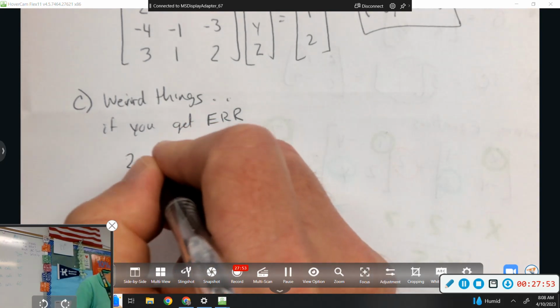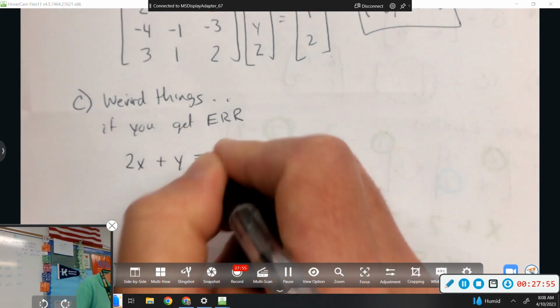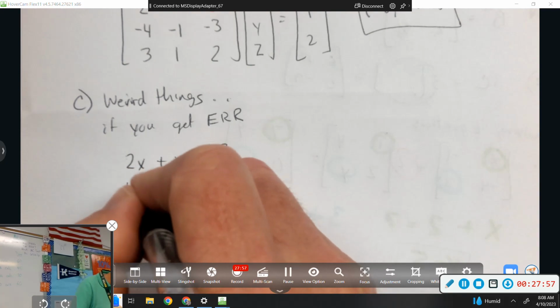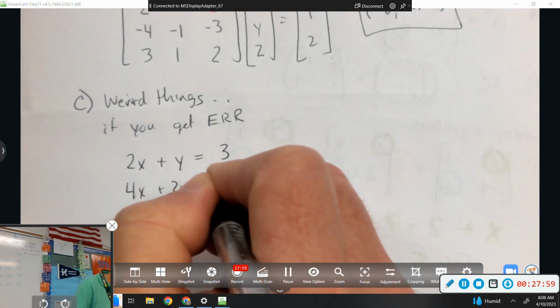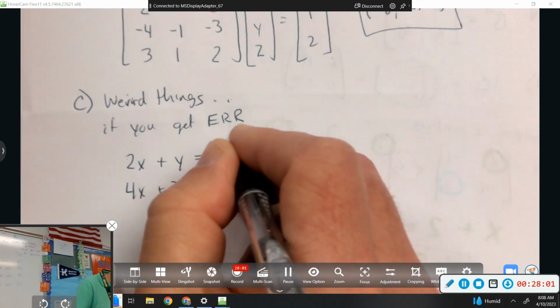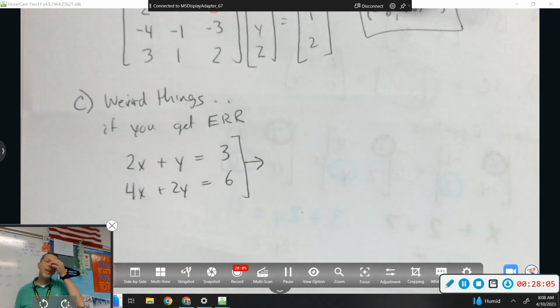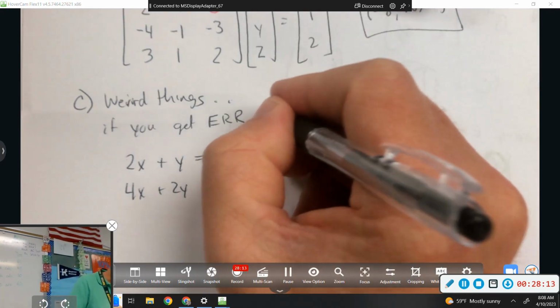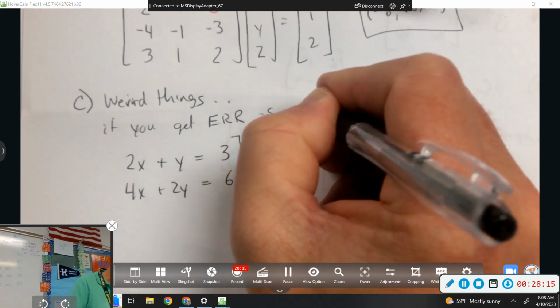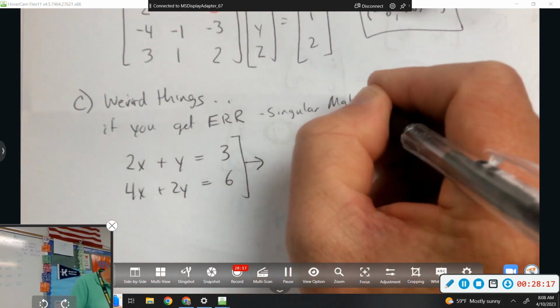Let's see if you can figure out what one of these things is. It won't be the dimension mismatch error. I think it would say singular matrix, I think is the name of the error. But you don't really know what that means.